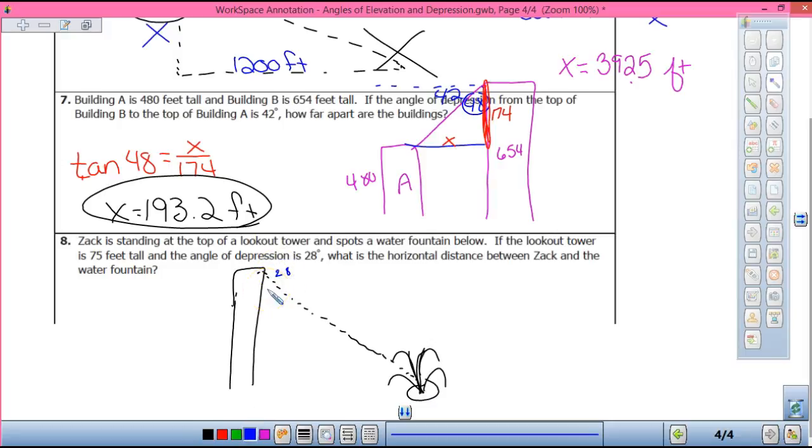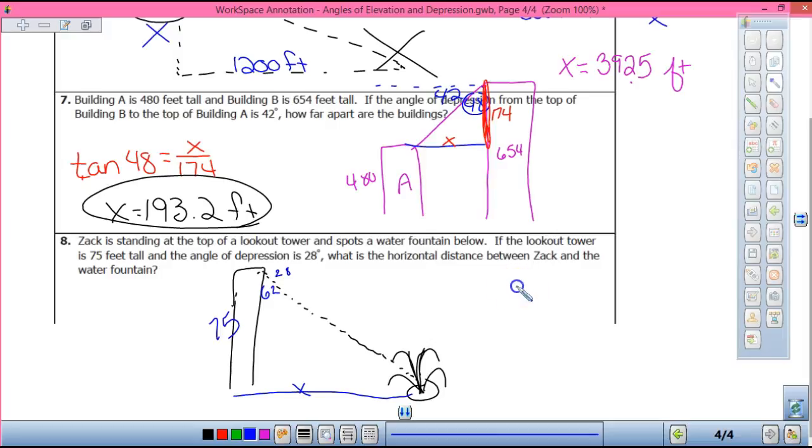What's this? 62. My building's 75 feet tall, so that's this guy, right? And we're looking for a horizontal distance between Zach and the water fountain. Bottom or hypotenuse? Bottom, because that's a horizontal line. My hypotenuse is a diagonal line. So horizontal distance is always going to be the bottom.